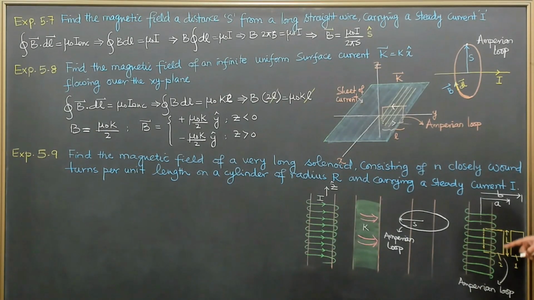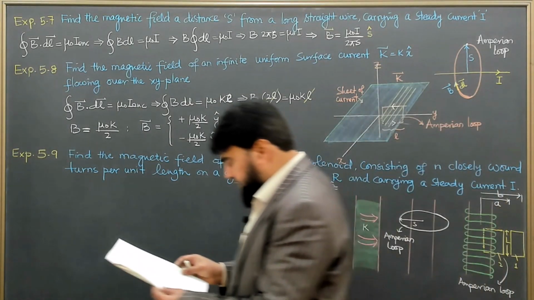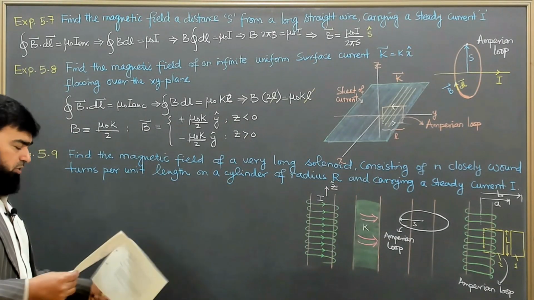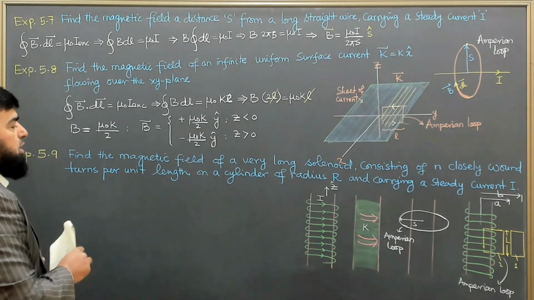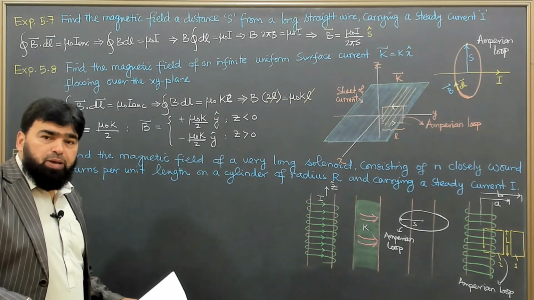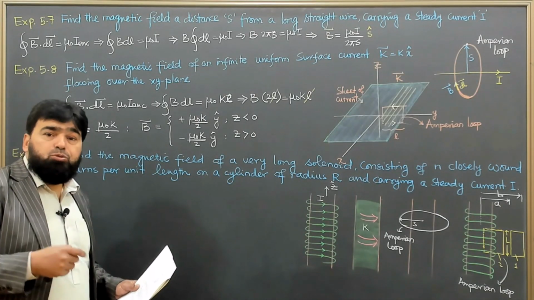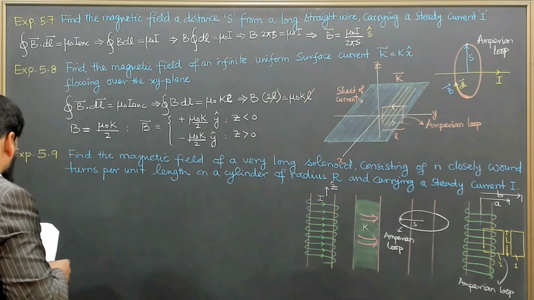When we consider a loop inside, it is enclosing some current and we will have a magnetic field there. This earlier discussion was necessary to understand the direction of the magnetic field, the axial contribution of the current, and so on.